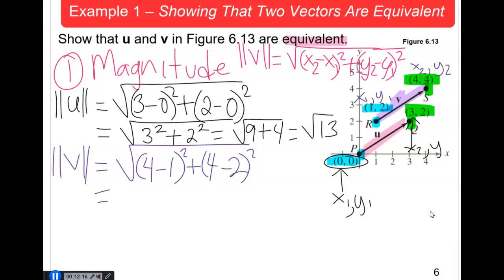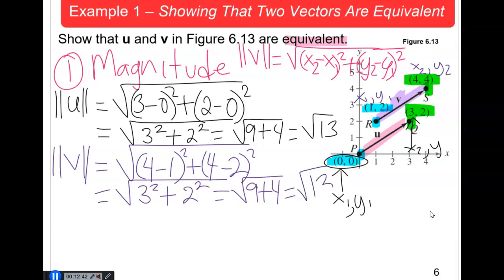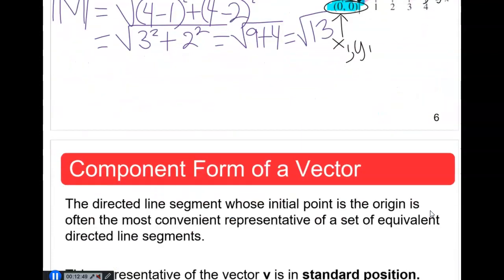Okay, and we need to do what's inside the parentheses first. So this will be 3 squared, because 4 minus 1 is 3. Then 4 minus 2, that is 2, and we need to square it as well. So we'll have the square root of 9 plus 4, and that will give us the square root of 13. So we have checked that, yes, they do have the same magnitude, but now we have to check for direction.